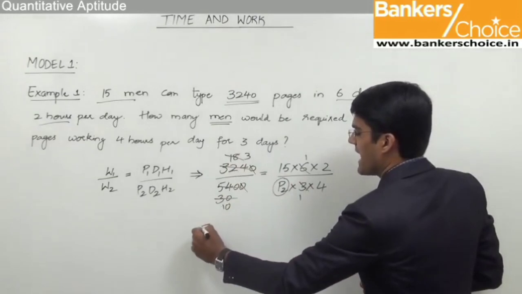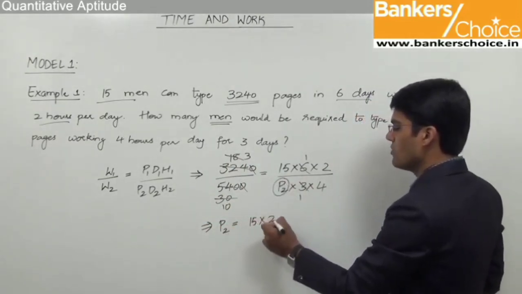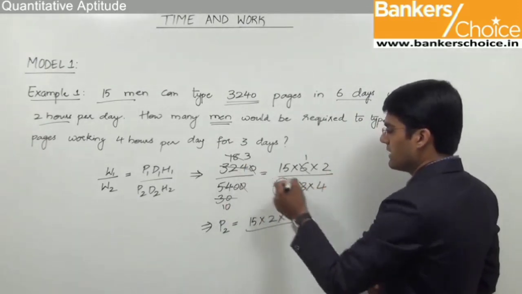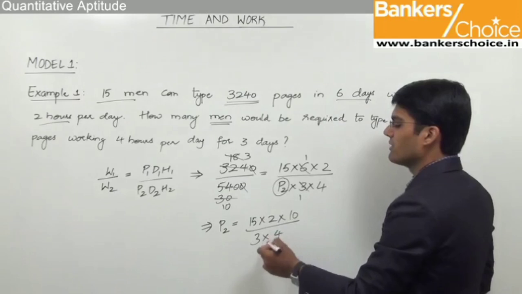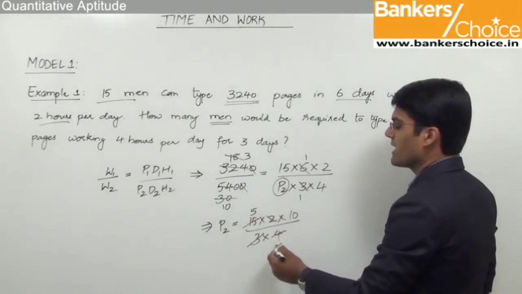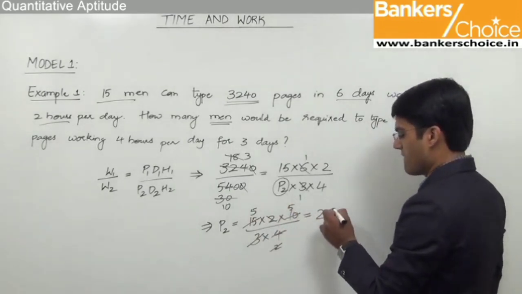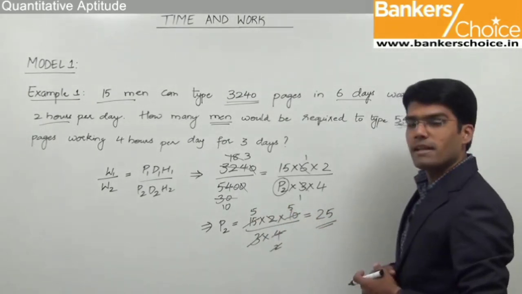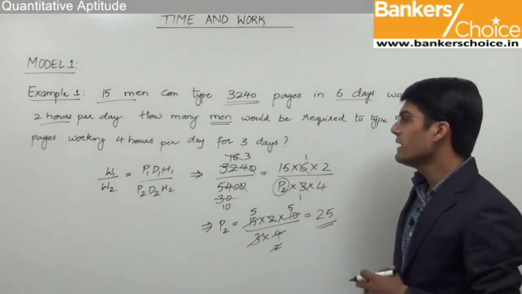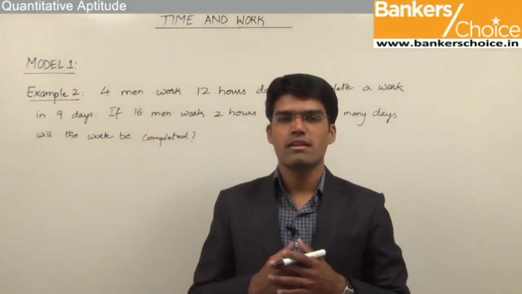So here we can say that P2 should be equal to 15 into 2 into the 10 goes on the other side, divided by 3 comes in the denominator here into 4, and this 3 gets cancelled 5 times, and 2 here goes 2 times, and 2 into 5 is 10. So the answer here should be 25. That means we can say that 25 men are required to type 5,400 pages working 4 hours per day in 3 days. Let us now take another example based on model number 1.